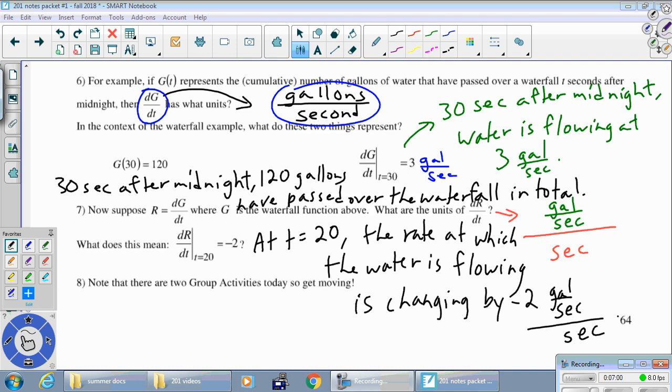The rate at which the water is flowing over the waterfall is changing by -2 gallons per second per second. Equivalently, you could say that the rate at which the water is flowing is decreasing by 2 gallons per second per second. Or you could say that the water is slowing down by 2 gallons per second every second. Lots of different ways to say that one.